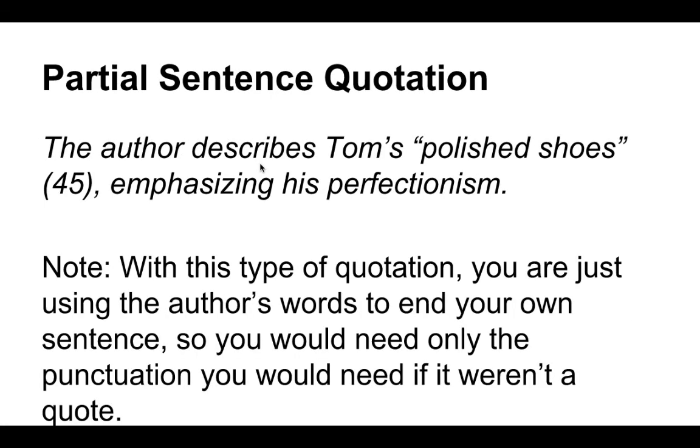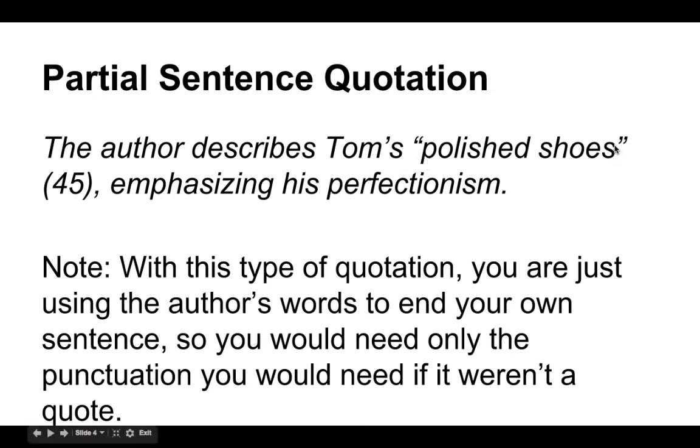A partial sentence quotation is like "polished shoes," that's not a complete sentence. So when you're not using a complete sentence, you want to take off the quotation marks and see what you would need. You wouldn't need a comma to say the author describes Tom's polished shoes, so you don't need a comma here. You wouldn't need a capital letter, so you don't need a capital letter here.